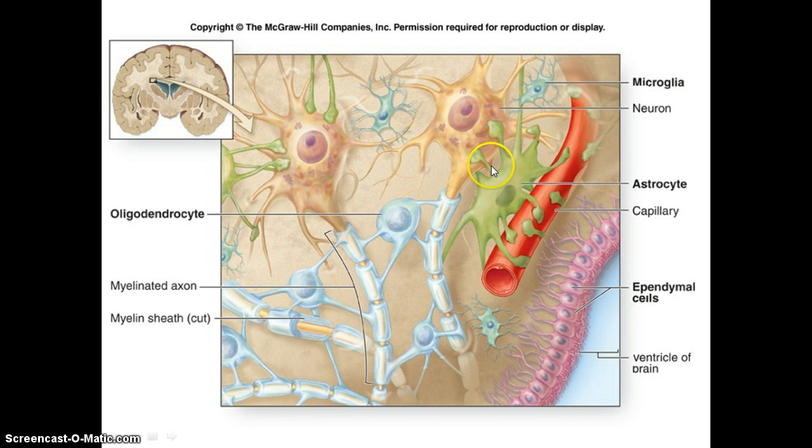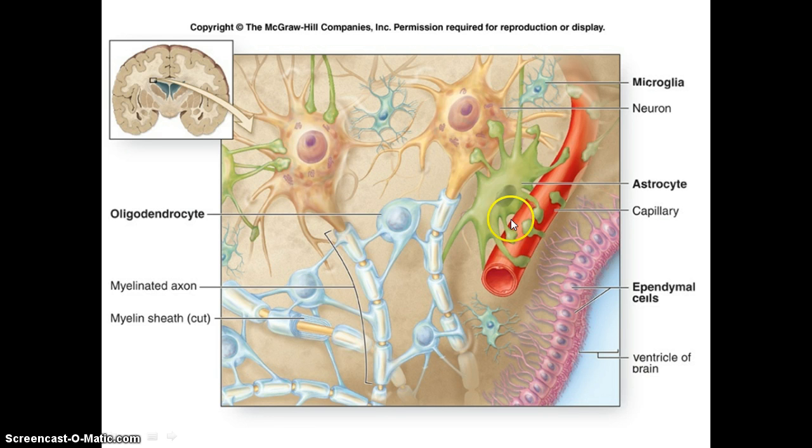Some of the various functions or roles that astrocytes play, one of which is to help form the blood-brain barrier. The blood-brain barrier, that's demonstrated here, is a feature in the brain that restricts or controls the materials that are allowed to cross over the cell membranes of endothelia and out into nervous tissues from capillaries.